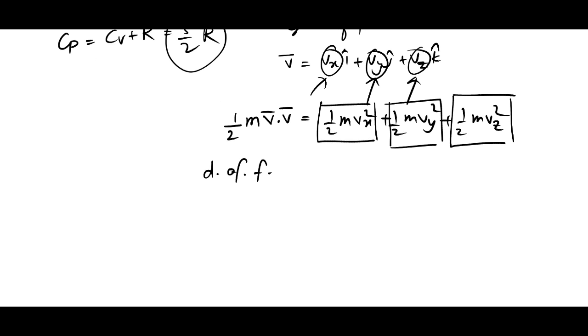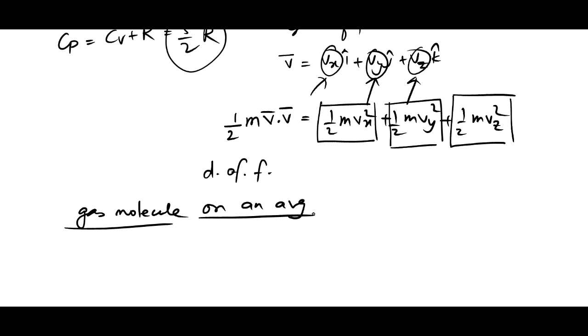What the theorem says is that if you consider a single gas molecule, then on an average, this is very important, there's some averaging process going on, the gas molecule will have an energy which is given by half times K times T multiplied by the degree of freedom possessed by the gas molecule.